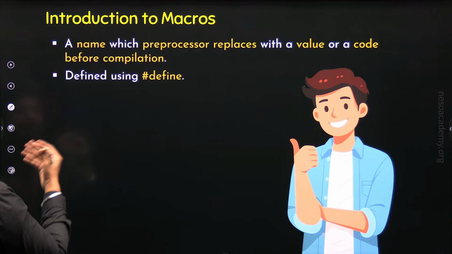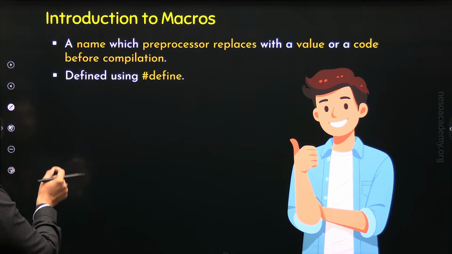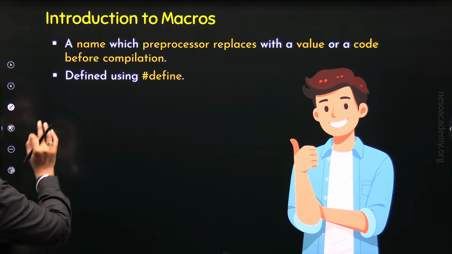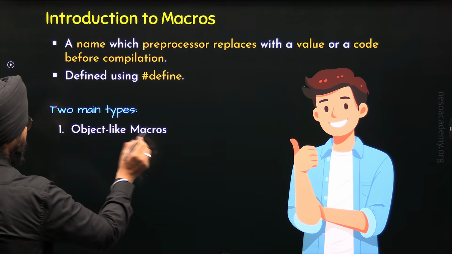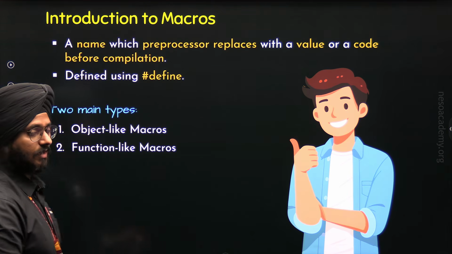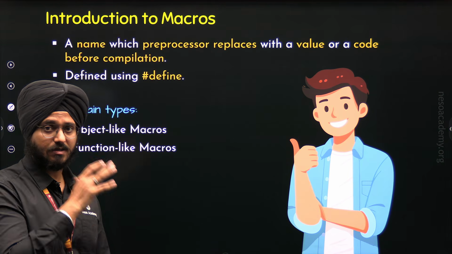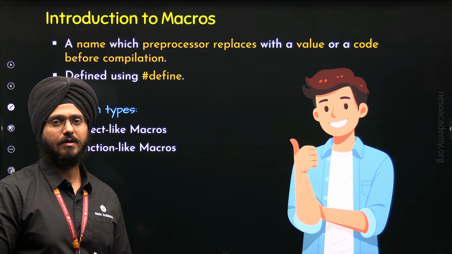Now, there are many different types of macros, but in this lecture, we will understand only two main types of macros. Let's see what are those two types. The first one is object-like macros, and the second one is function-like macros. These are the two types which we will discuss in this lecture in the subsequent topics.